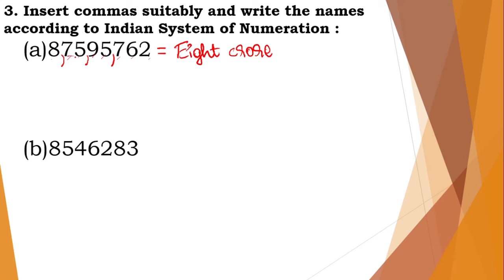And after 8 crore we have 75. So 75. And after 75 again we should check the digits. So we have 1, 2, 3, 4, 5. So we have 5 digits and 5 zeros we have in lakh. So 75 lakh.